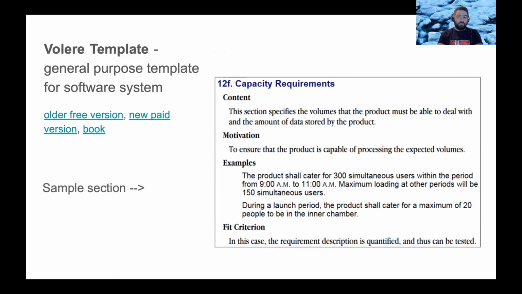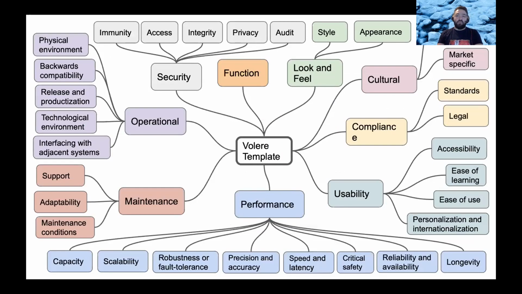You have a formal definition, you have an example, and you have fit criteria, if your requirements are properly documented. As you go through the template, you get a requirement mind map, which looks like this. And for every leaf, there is a section with details. Volere template. I put also a link in the show notes for this.